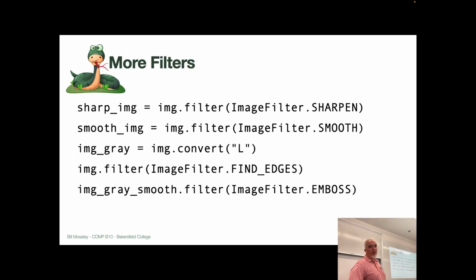And then you can sharpen an image, smooth an image, or convert it to grayscale. Find edges is a way of heightening the appearance of hard transitions in an image from one color to the next. Emboss will allow you to take an image and use the grayscale value of that image to make an embossed look.